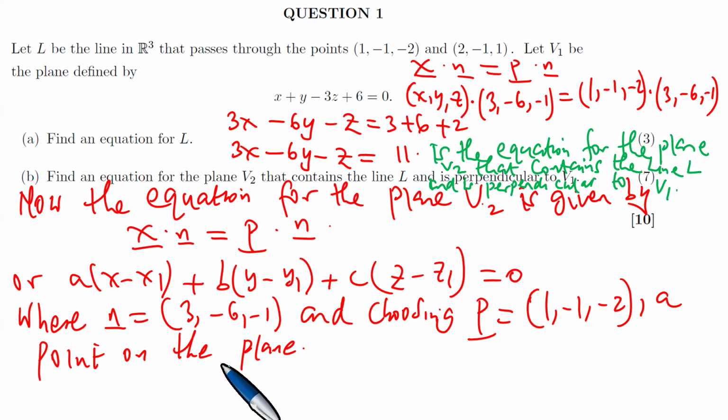So this is the answer to the question: 3x minus 6y minus z equals 11.